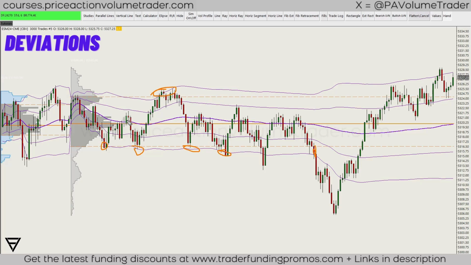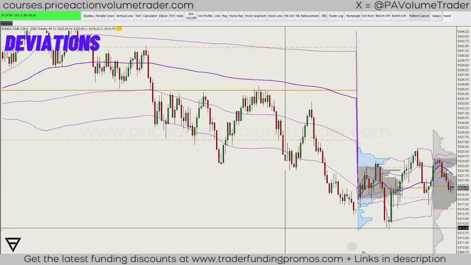So when markets are mostly sideways, the first and especially the second deviation of VWAP is going to be useful in terms of looking for areas where price might possibly be mean reverting back to the mean.